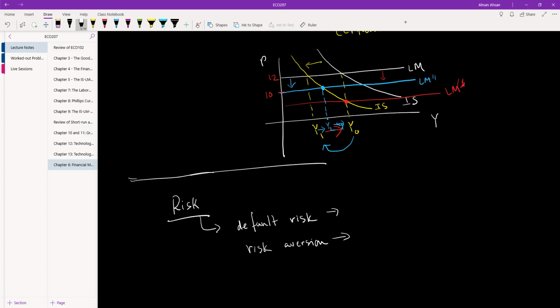But someone may say, all right, I'm willing to take the risk if they pay me high enough interest. So different people have different levels of risk aversion. People who like to take a lot of risk are said to have low aversion to risk, and people who do not like taking risks are said to have very high aversion to risk.